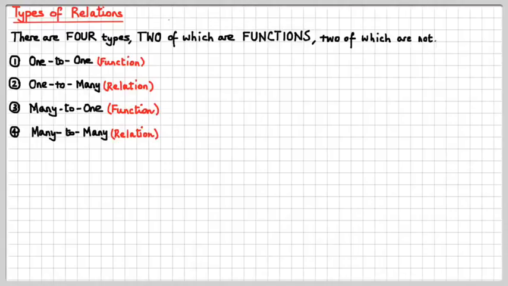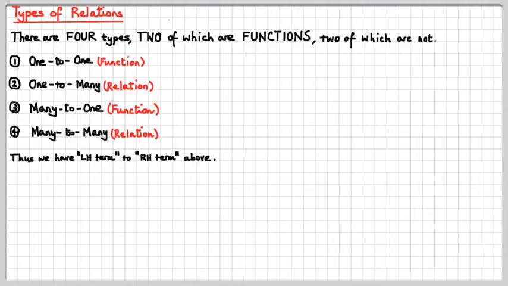Now, in this expression up here, this one-to-one or one-to-many or whatever we've got there, I'm calling the one to the left of the word to the left-hand term, and I'm calling the right-hand term the one to the right of the word to.